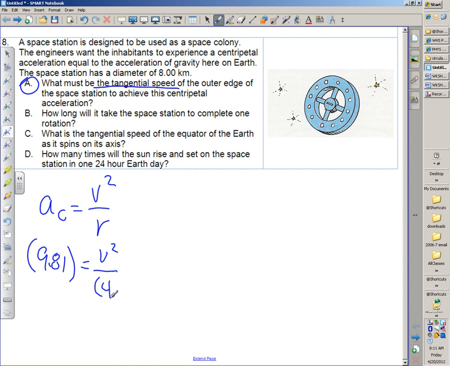Meters per second squared, but this 4 is in what unit? Kilometers. So we can't have that. We've got a couple of options. It's probably easier if we turn this radius into meters. So now we've got what we need. Go ahead and solve for the tangential speed of this space station.